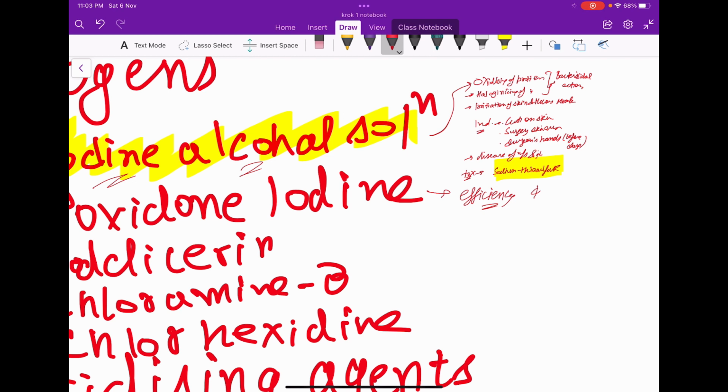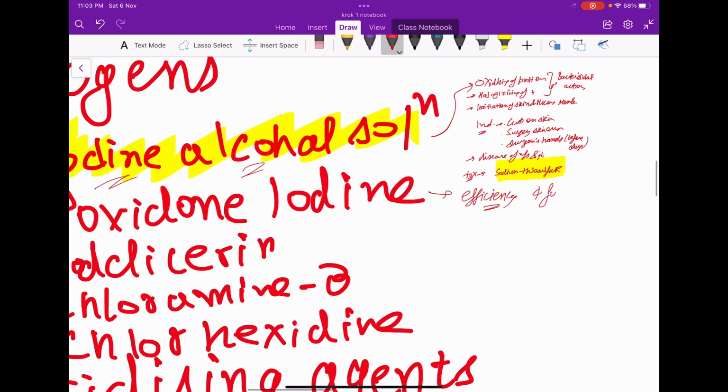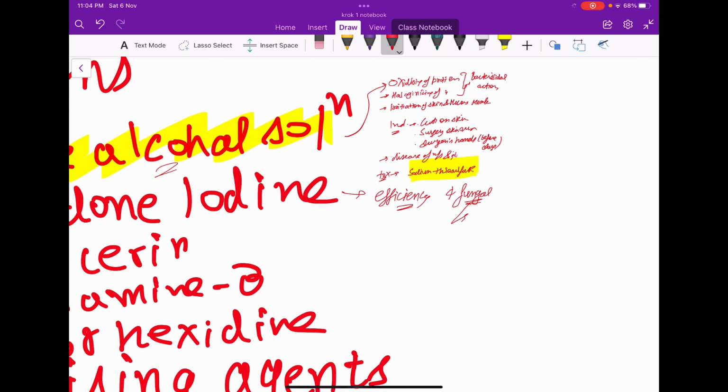Thereafter, ulcers, cuts, and burns. In gynecology, for vaginitis associated with candida, trichomonal or mixed infection. So guys, it is also used for fungal infection. And guys, can you notice one thing here? Most of the uses here are topical.